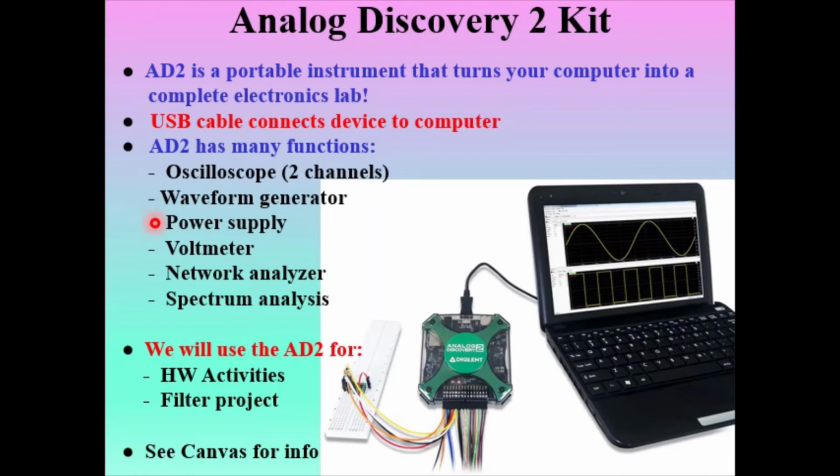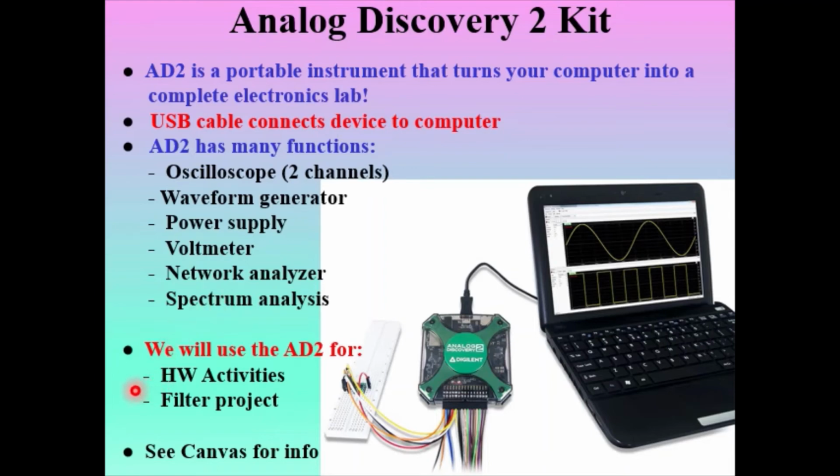It contains a power supply that you can use to run a circuit, such as your filter. It has a built-in voltmeter, and then it has some more advanced functions such as a network analyzer, and it allows us to do spectrum analysis. So you'll be getting introduced to all of these various functions as you work through the worksheets.